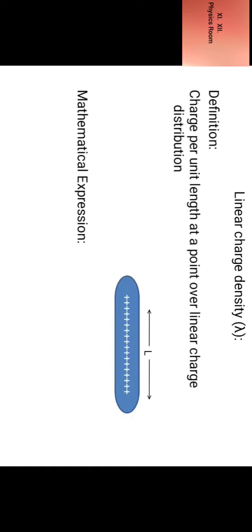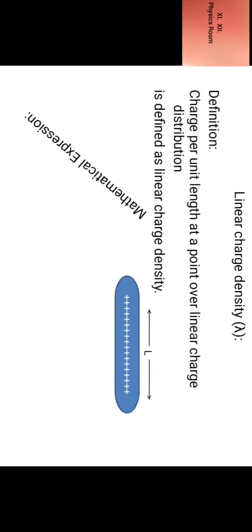Consider this diagram. How do we define linear charge density? The charge per unit length at a point over a linear charge distribution is defined as linear charge density.